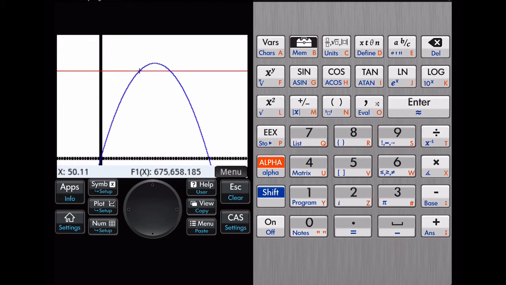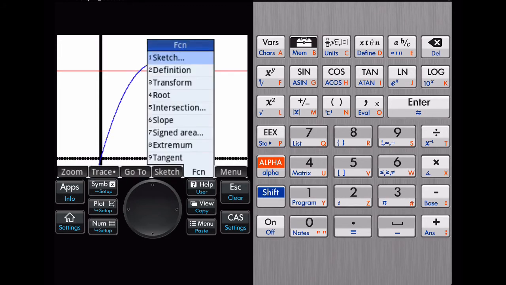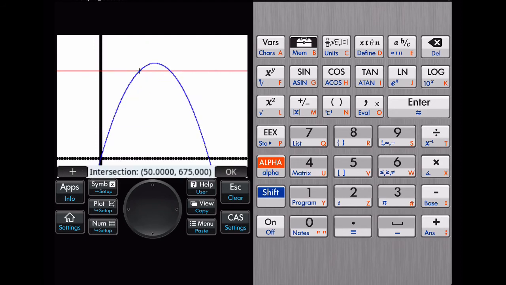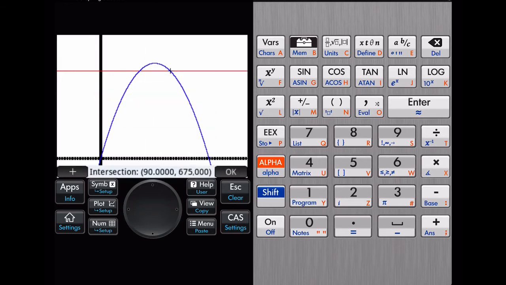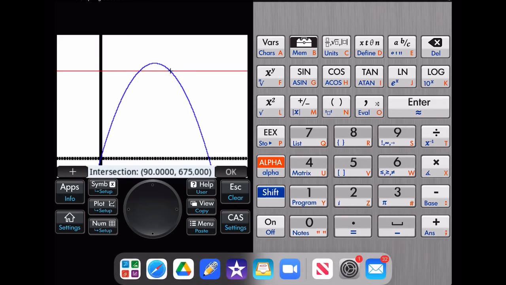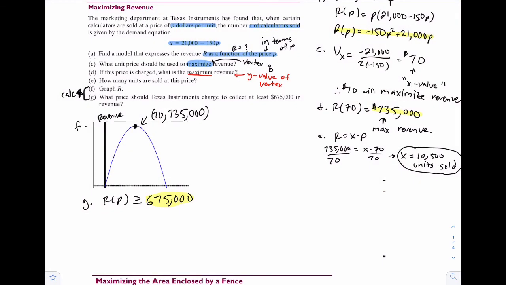And we're going to find these intersection points by tapping near it. Function, intersection, enter. So there's our first one, 50 and 675,000. And the other one, intersection, there's our other one. I'm going to go back right here.